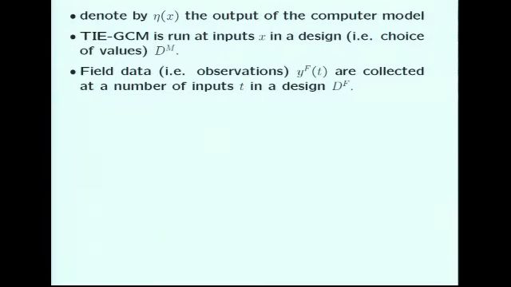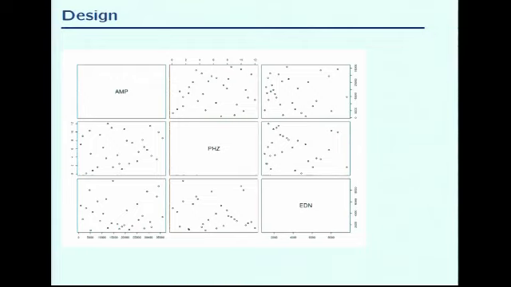The design of the model is denoted dm. And the field data, there's the observations, y_F of t. There's no theta in the observations because theta, Mother Nature knows what theta is. And they're collected at a number of inputs in the design df. So a number of times. They actually don't match here, the times at which you run the model and at which you collect observations. So this is the design.